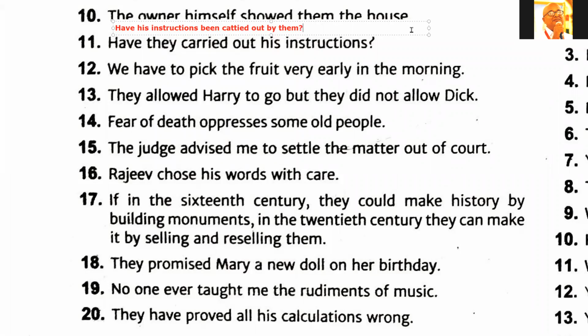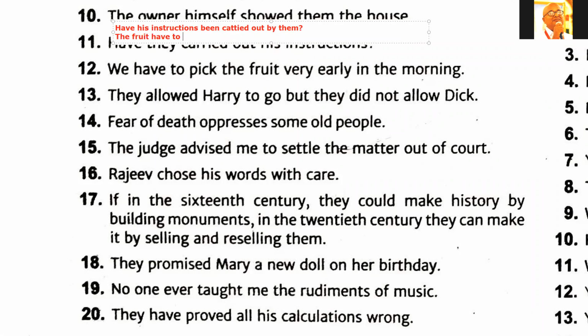Next, please. The fruit had to be picked very early in the morning by us. Right. The fruit have to be picked. Why have to be picked? Because fruit is a plural.